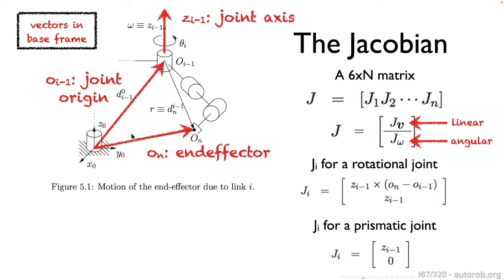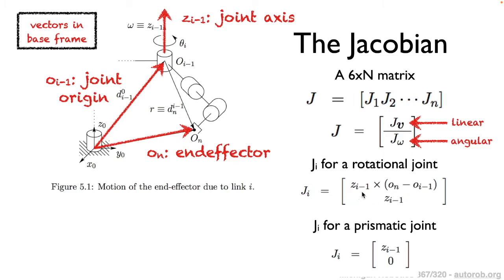O sub i minus 1 is also a vector that points from the base frame to the origin of the joint corresponding to joint i. So O sub n minus O sub i minus 1 is also a vector that is with respect to the world frame.